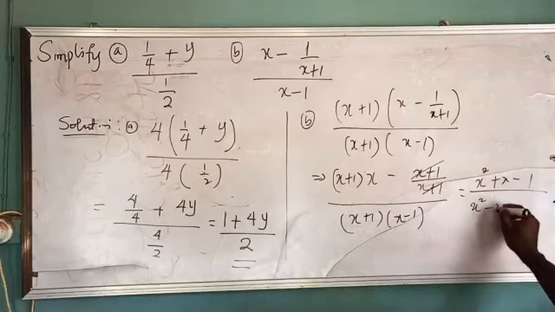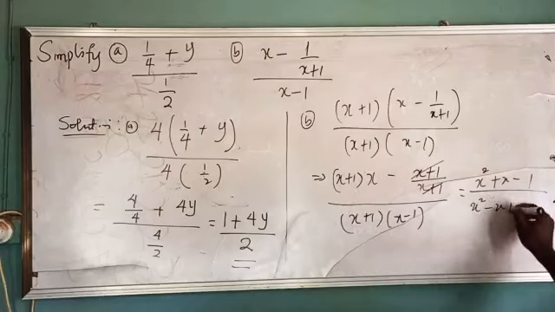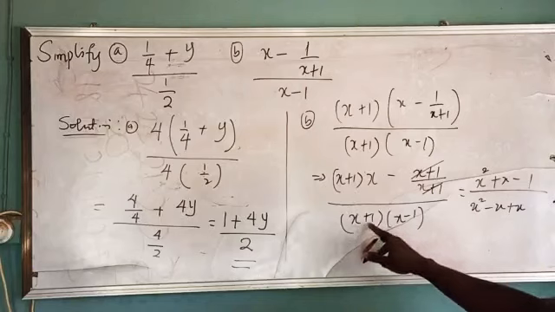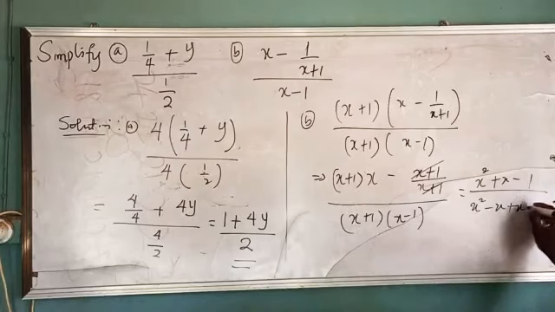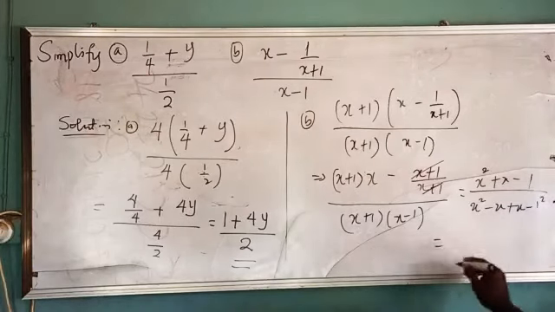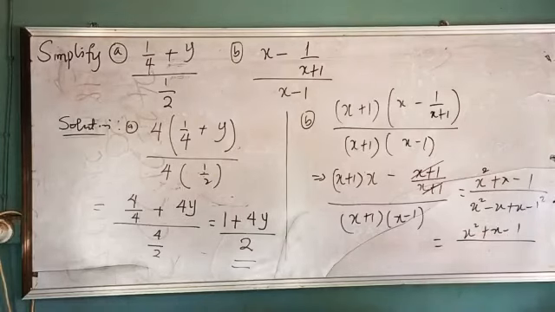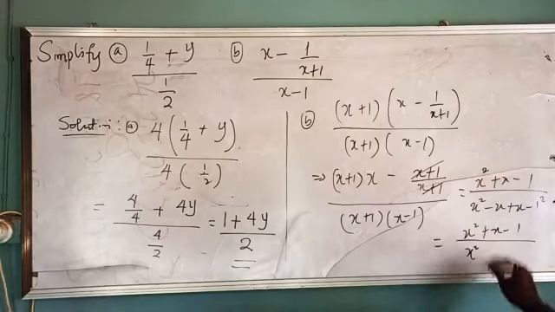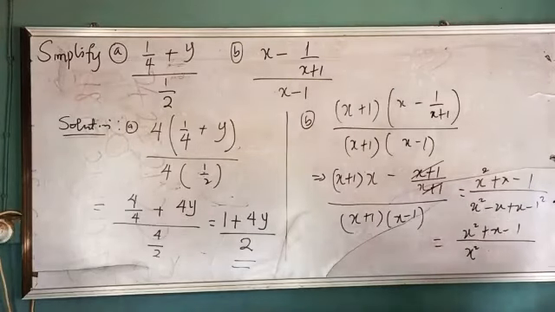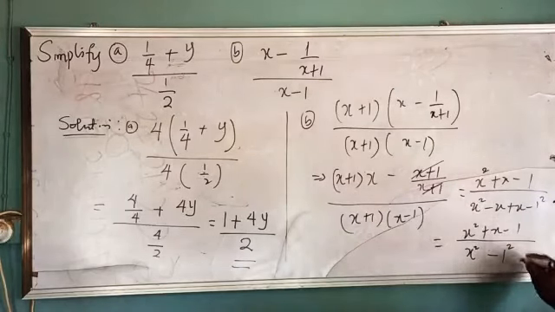X times this one is minus x, then plus x, minus plus 1 times minus 1, we have minus 1 squared. So from here, we have x squared plus x minus 1 over x squared minus x plus x, which is 0, then we have minus 1 squared.